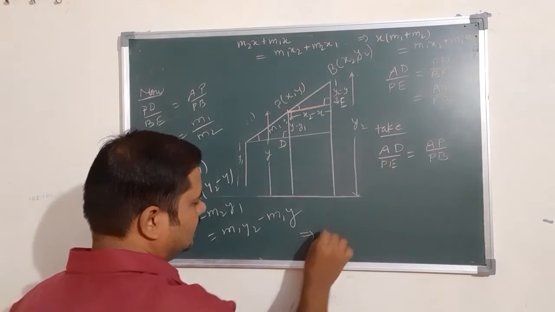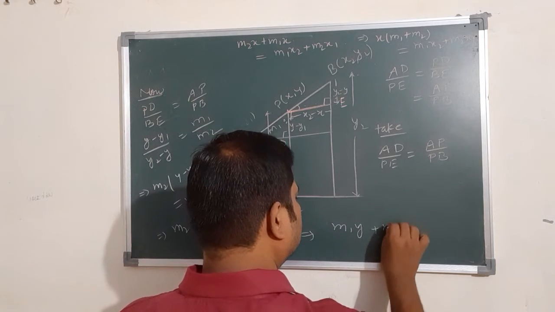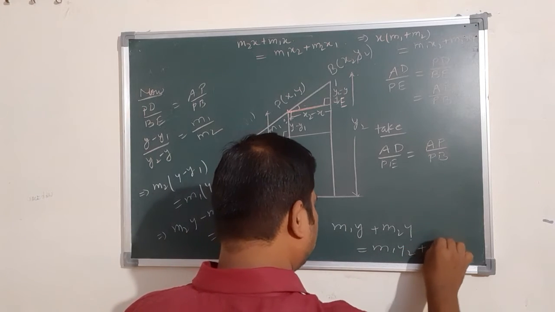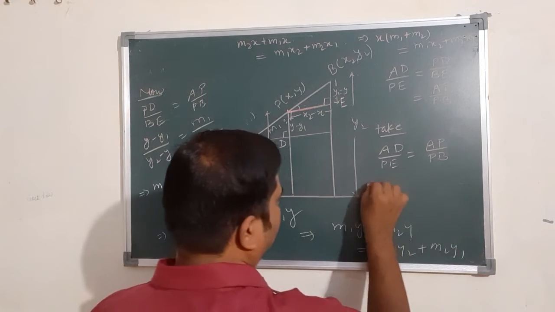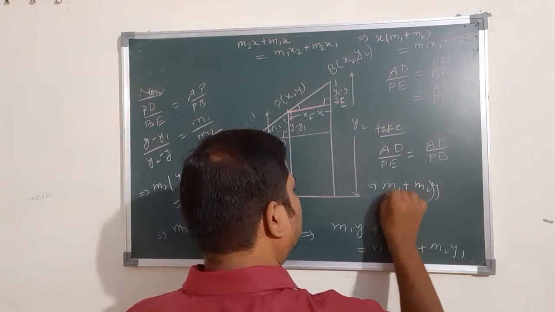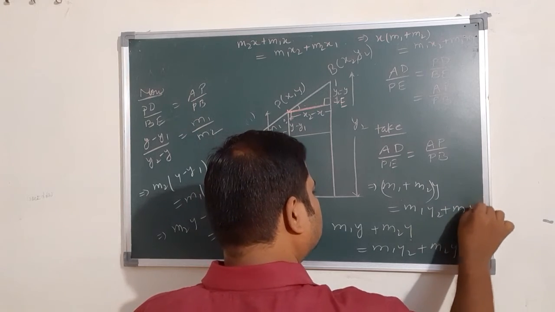If you consider it, m1 y plus m2 y, and this is m1 y2 plus m2 y1, and hence the result is m1 plus m2 into y equals m1 y2 plus m2 y1.